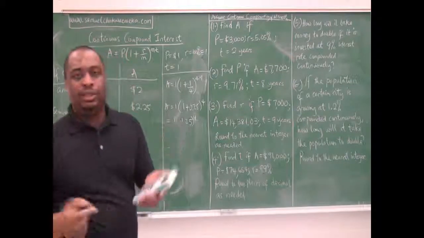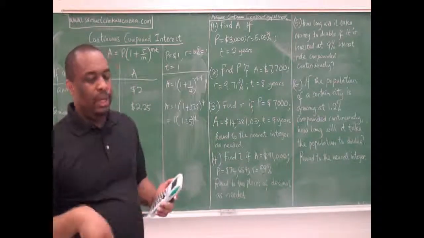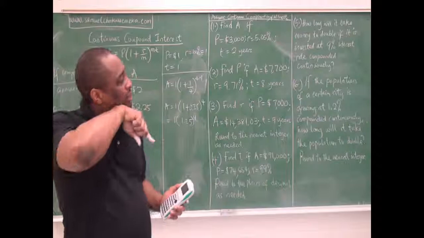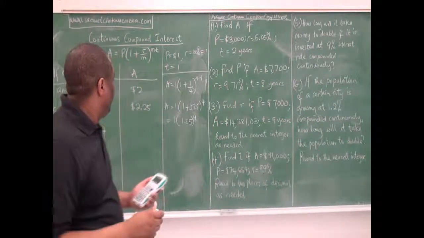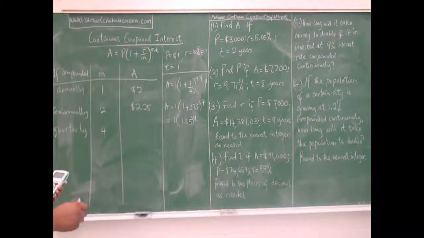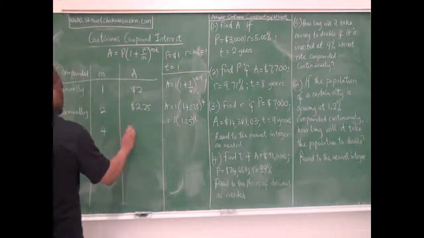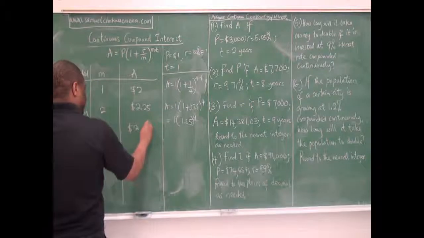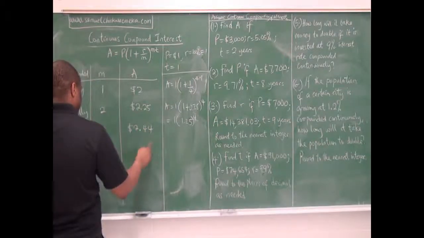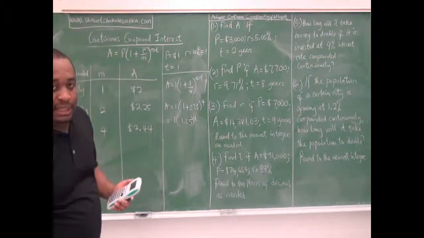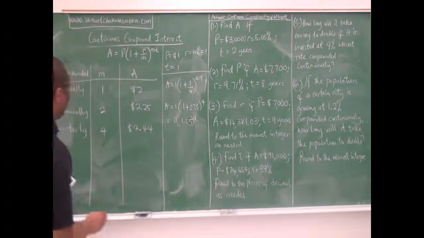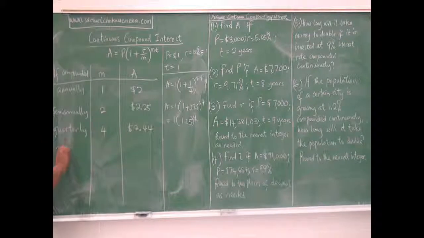Now, I showed you how to use this the other time, and also I came with my laptop today so that I can show you how to solve some questions here with the calculator on your laptop. So how much? This will be $2.44. You see? 2.44140625.